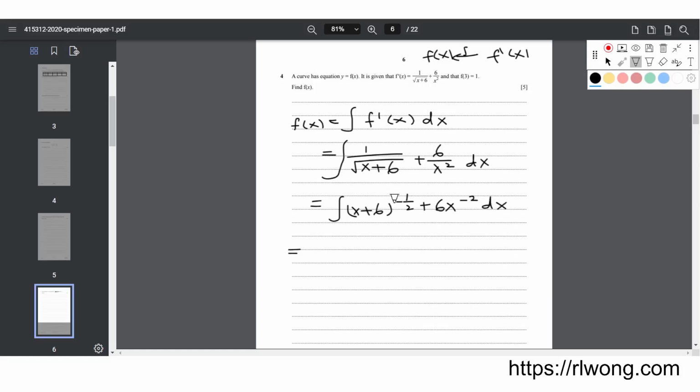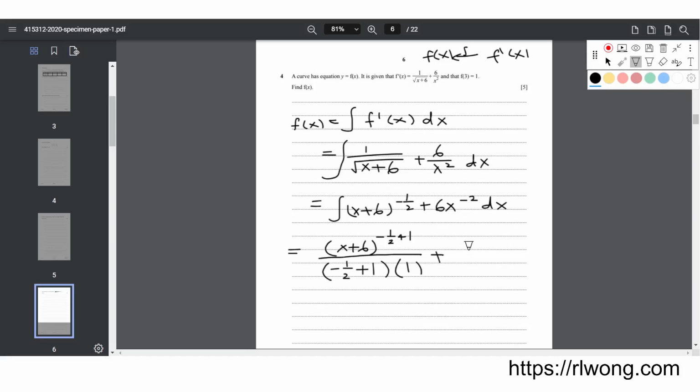Now to integrate this, I will take (x plus 6) to the power of minus half, then I add 1 to the power, so divided by the new power, which is minus half plus 1, then multiply by the coefficient of x, which is 1.